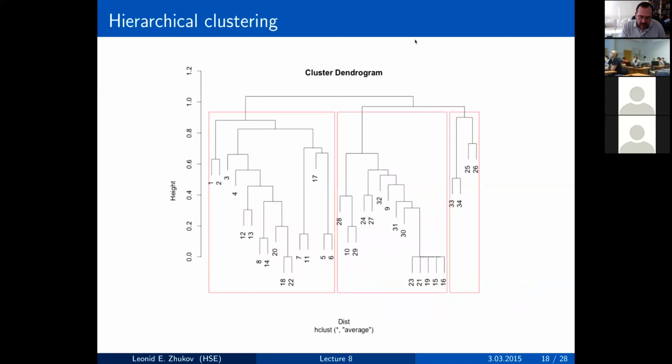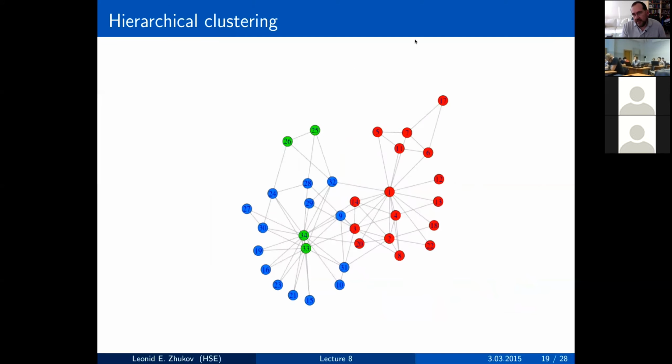But if we actually go for 3 clusters, and the way to do it is just to select this height on the cutting when you cut the dendrogram, that's what we get. Now, this makes much less sense, and it's very clear why the clustering algorithm cut out those nodes.